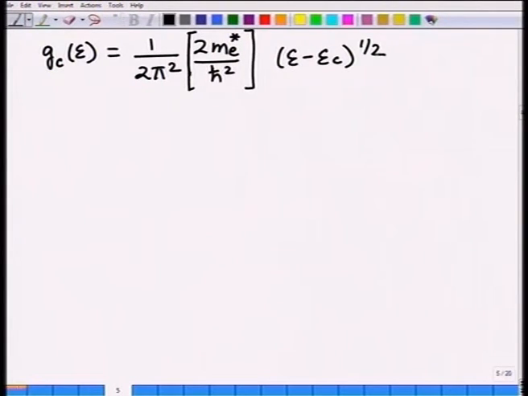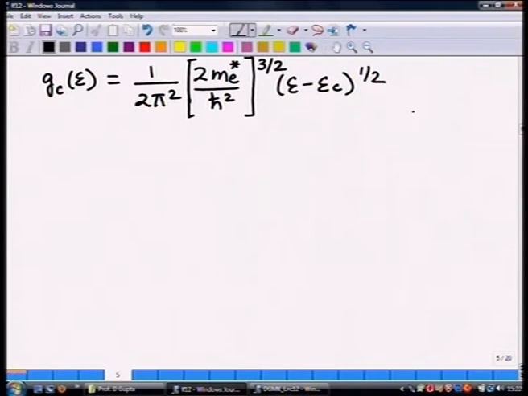You can begin to see why I've done this. First of all, you notice that this is valid for all energies greater than or equal to EC.